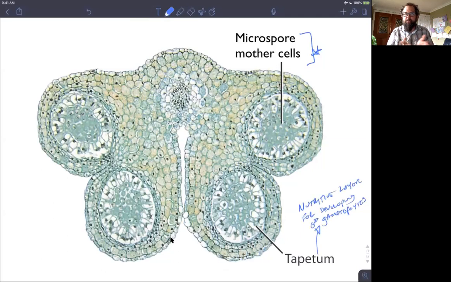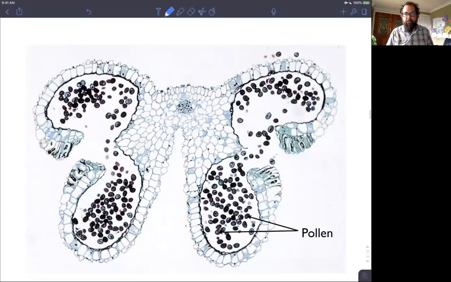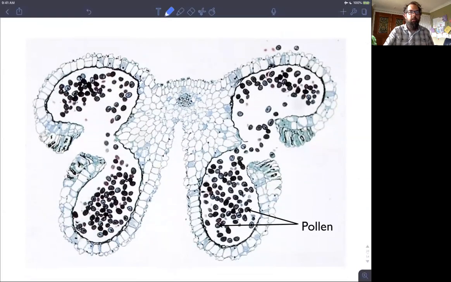And then meiosis occurs, and that's our transition. Meiosis, remember, is our transition between our sporophyte and our gametophyte generations. And so the microspore mother cells undergo meiosis, and we create our spores.